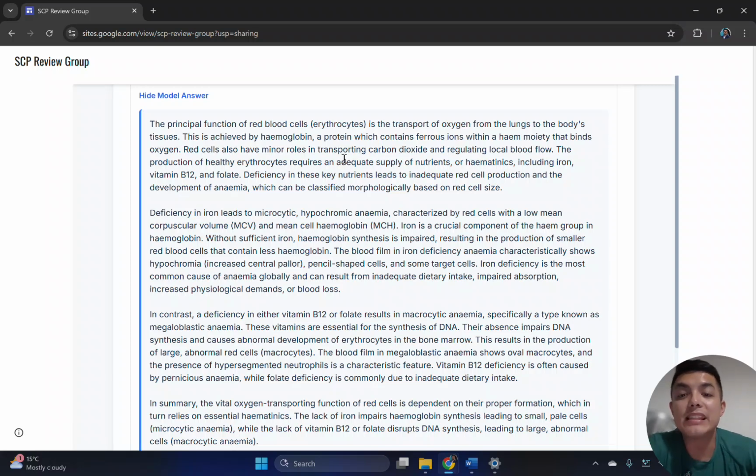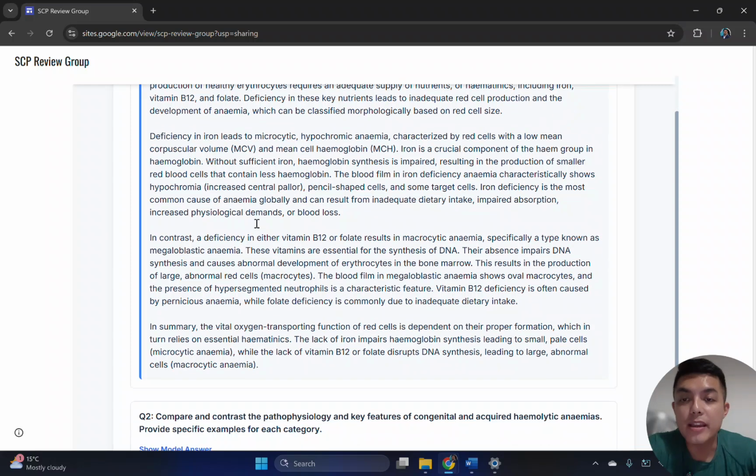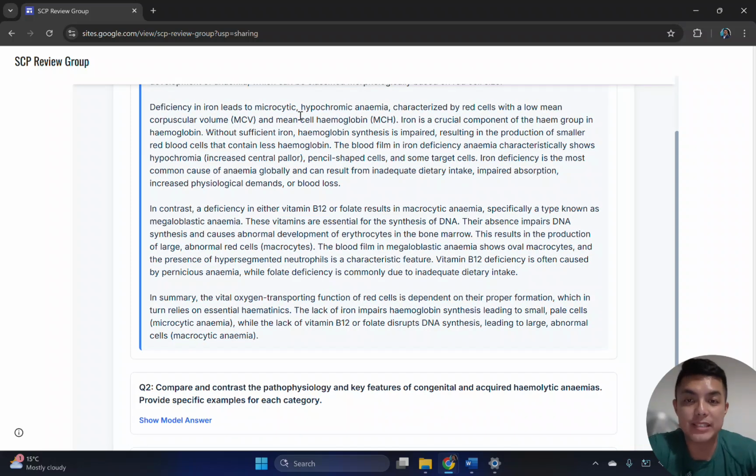Now, deficiency in these key nutrients leads to inadequate red cell production and the development of anemia, which can be classified morphologically based on red cell size. And deficiency in iron leads to microcytic hypochromic anemia characterized by red cells with a low mean corpuscular volume or MCV and mean cell hemoglobin, which is MCH.